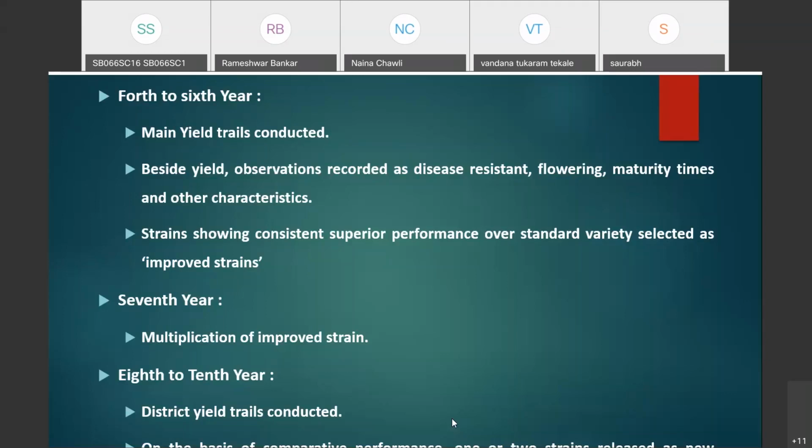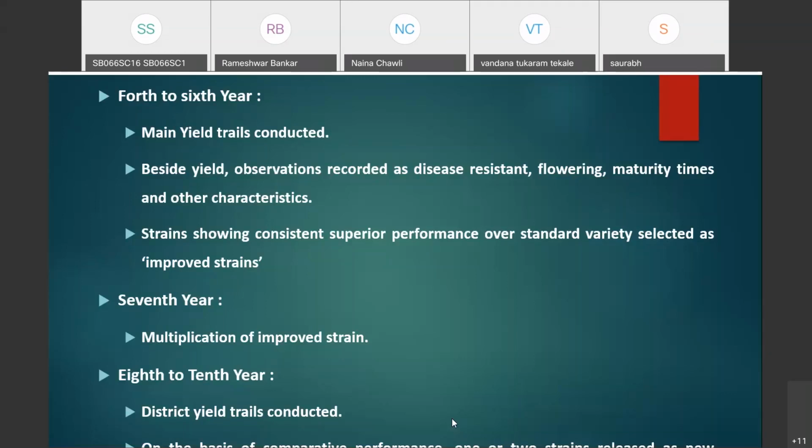And the third method, which we will discuss in tomorrow's lecture, is clonal selection. Clonal selection is the method used to produce a new improved variety in vegetatively propagating crops.